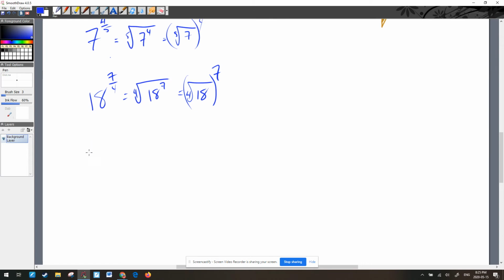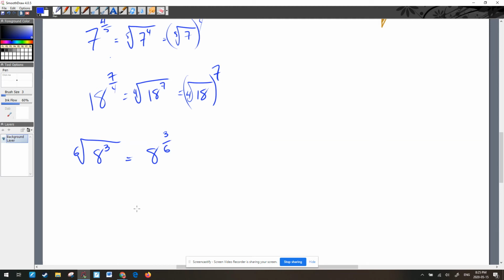Okay, so imagine that we had the sixth root of 8 cubed. And you're like, that's a weird one. This is actually an interesting one. Okay, so the sixth root of 8 cubed. So 8's the base, still the base. We know the power goes on top, and the root goes on the bottom.